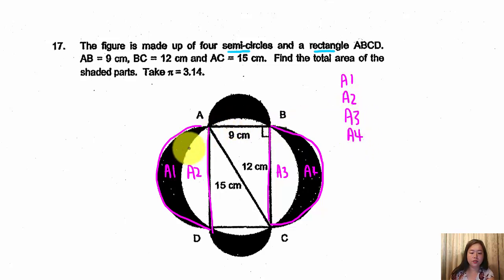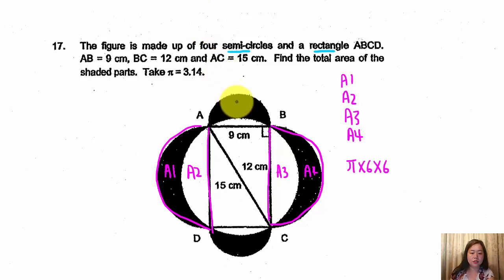And to find these two semicircles, it will be the formula of pi times radius times radius. If this is 12, radius is actually 6 times 6. Now let's look at other areas.